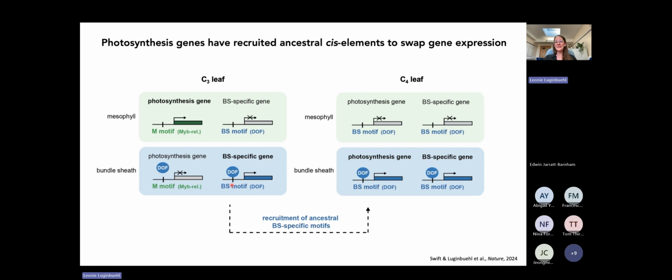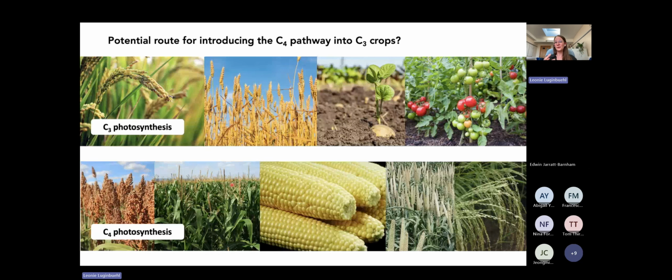And this now could be a potential route for introducing the C4 pathway into C3 crops. What it means is that we can try to use methods like, for example, CRISPR to change the DNA sequence of these genes and try to get them activated in the bundle sheath in, for example, rice.